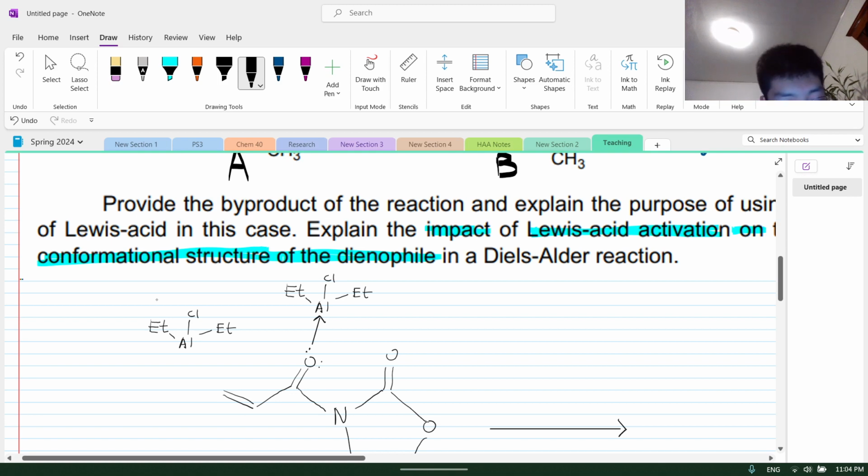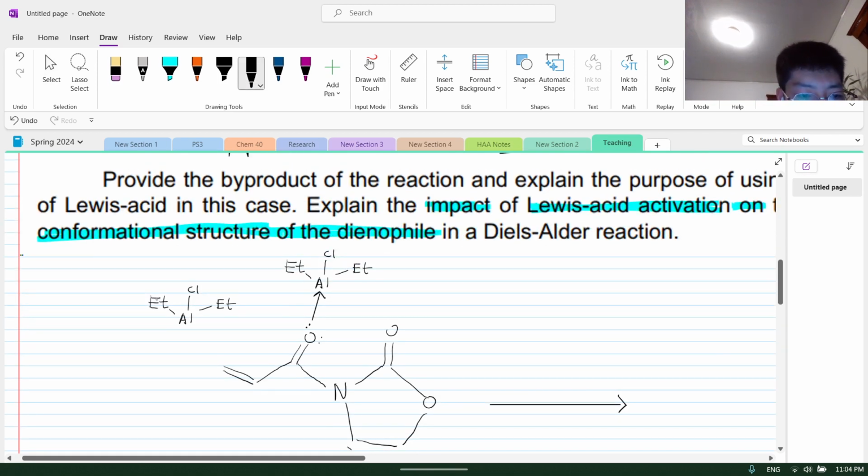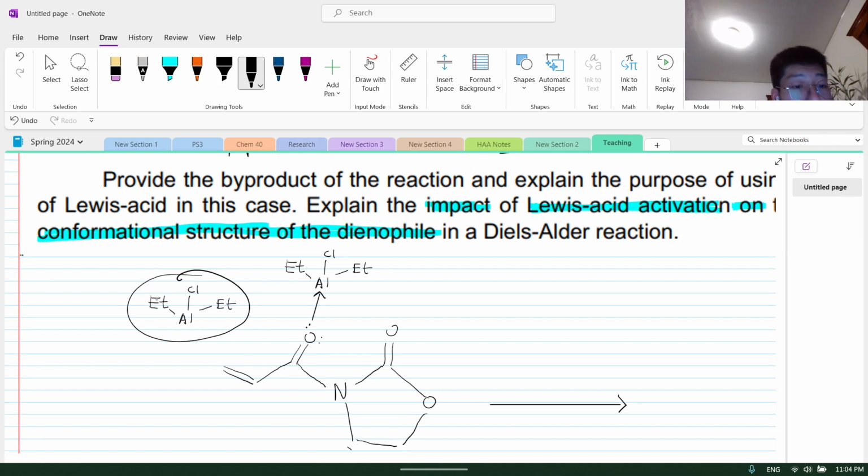Well, we can imagine that through some means, the second equivalent of Lewis acid could abstract this chloride anion from the first equivalent of the Lewis acid. Not too wild to think that may happen. There's no known mechanism for this because we just simply do not know what happens during these kinds of reactions.